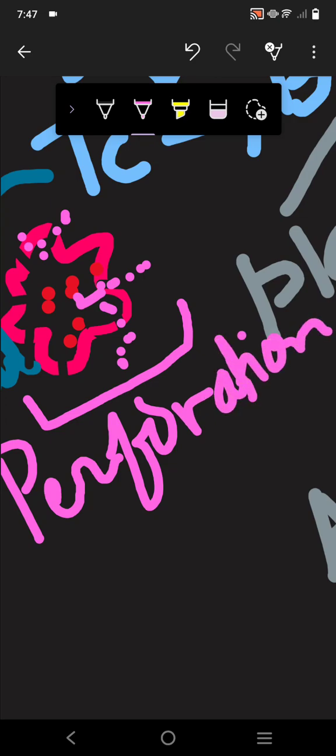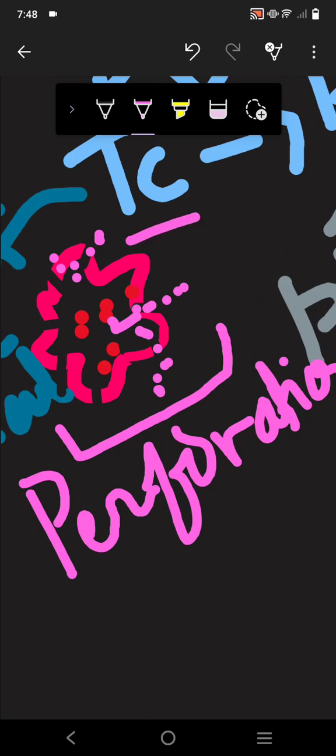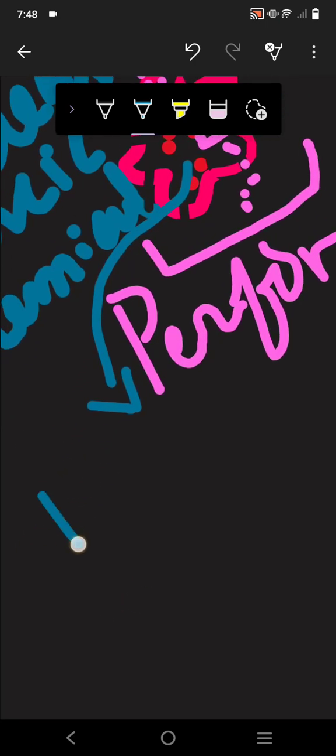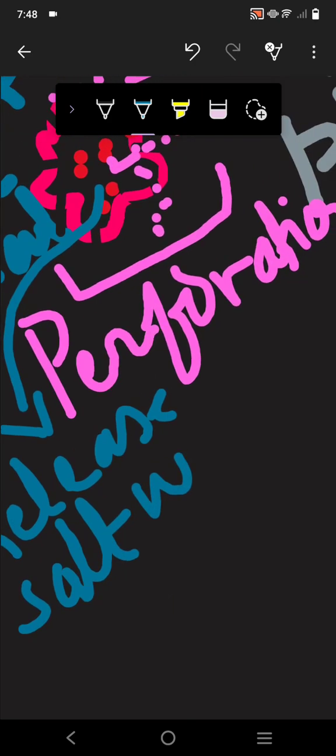Or sometimes it also releases water and salt. That is also an ability of the cytotoxic T cell: through these perforins it will release the salt and the water, and due to this the pressure will be high.